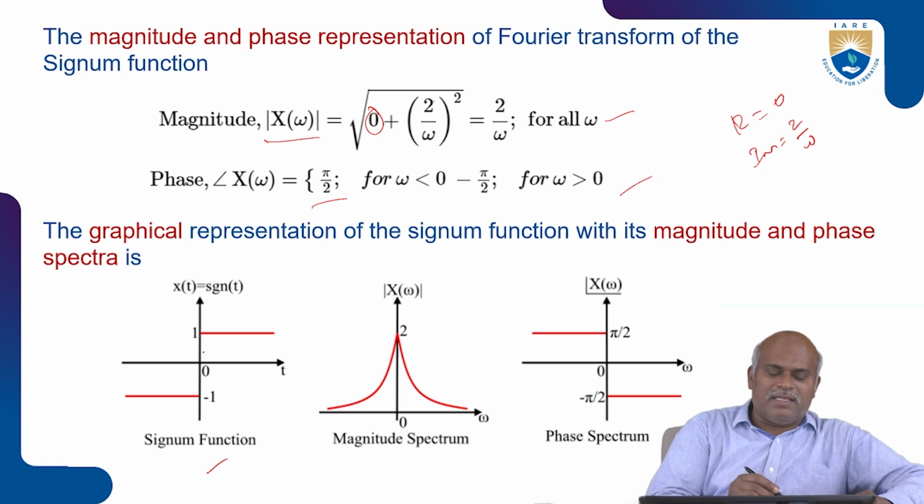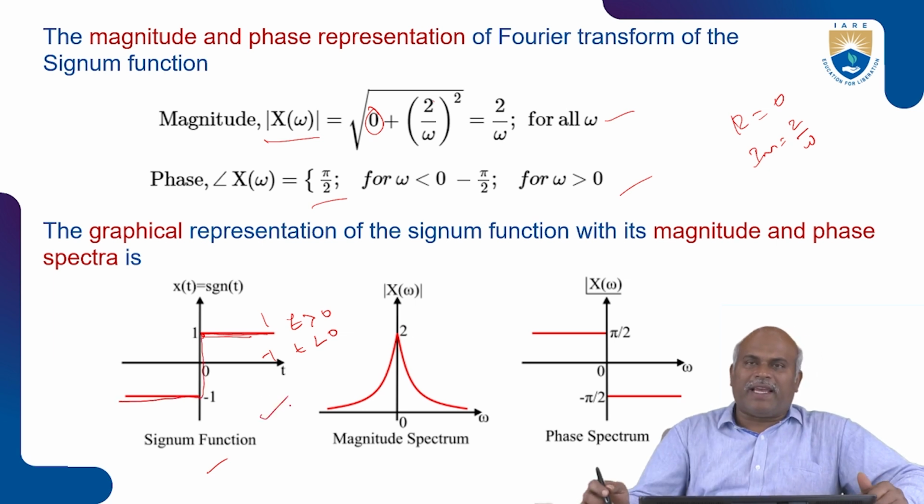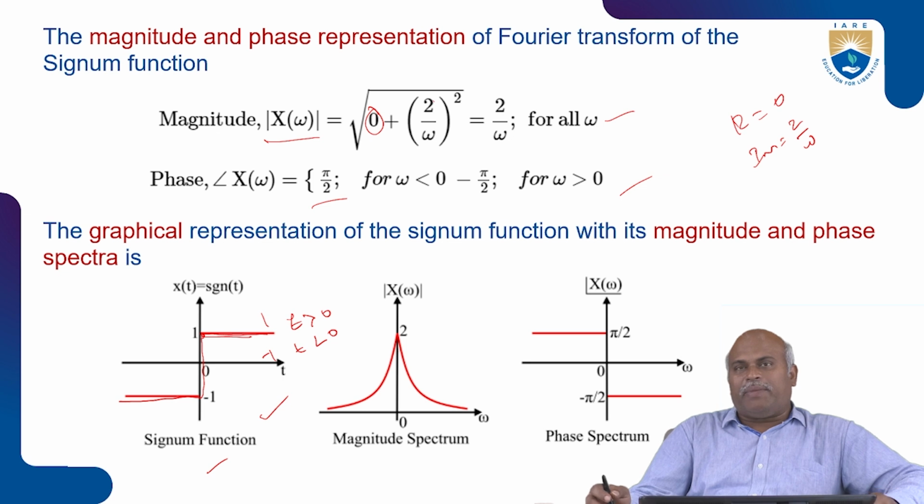When t is greater than 0, the amplitude is equal to 1, and minus 1 when t is less than 0. So here the amplitude is 1 for positive t, then the amplitude is minus 1 for t less than 0. That portion will be represented here. So this is the graphical representation of the sine function.